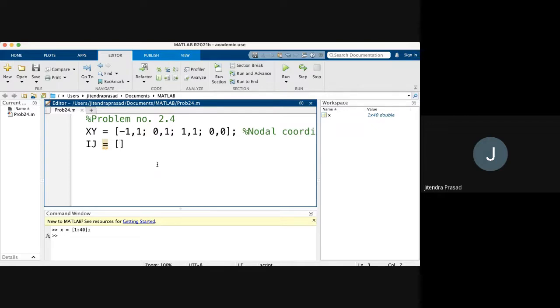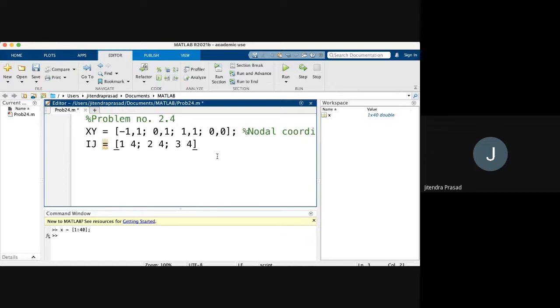If you remember yesterday's problem, element number 1 has nodes 1 and 4 connected. Then element number 2 has nodes 2 and 4 connected, and element number 3 has nodes 3 and 4 connected.